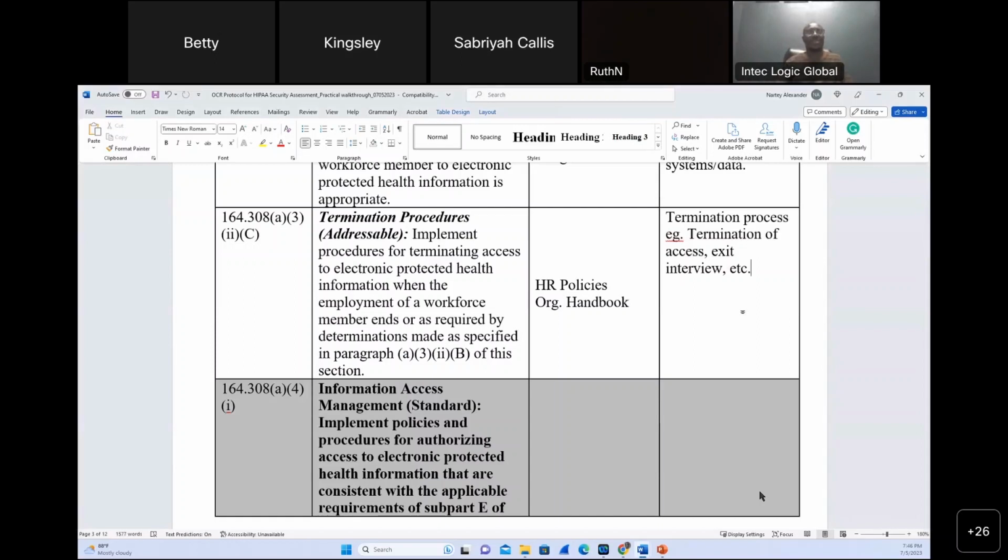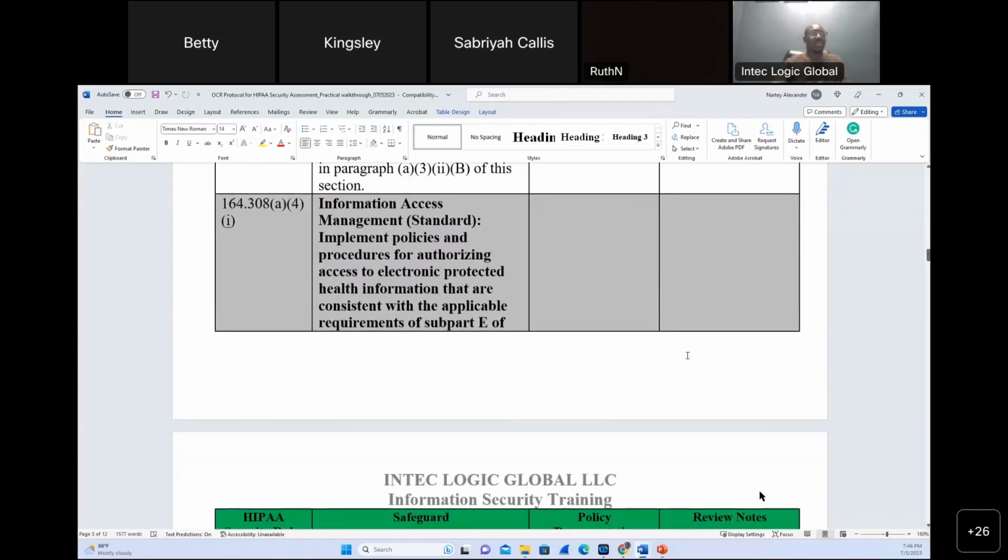It's really, really important. And yeah, termination of access. So like Sabria said, deactivation. You need to deactivate the person, right? If you don't deactivate the person and the person is a disgruntled employee, they can go back home and connect to your system and start causing problems for you. Good.